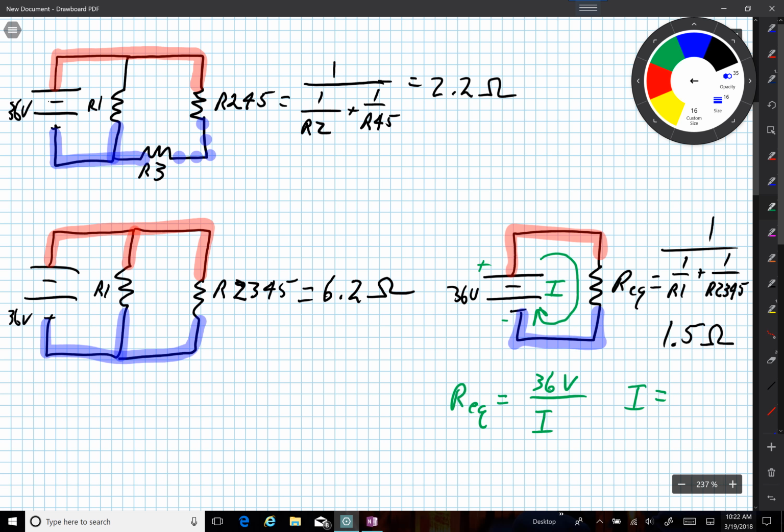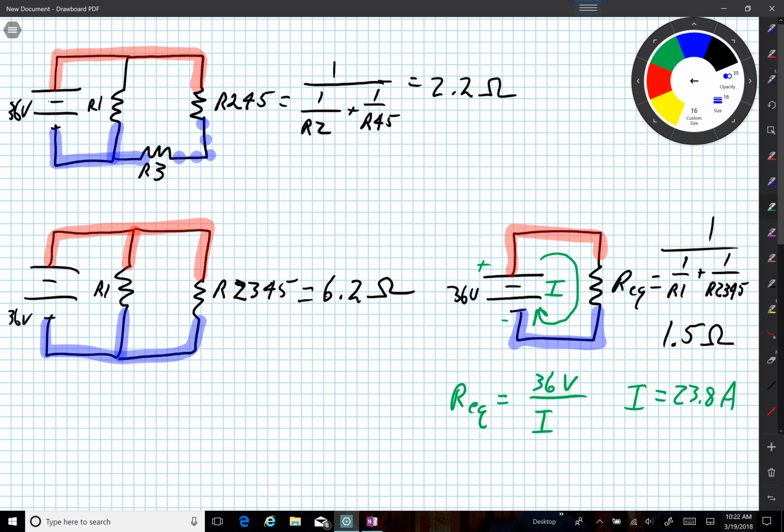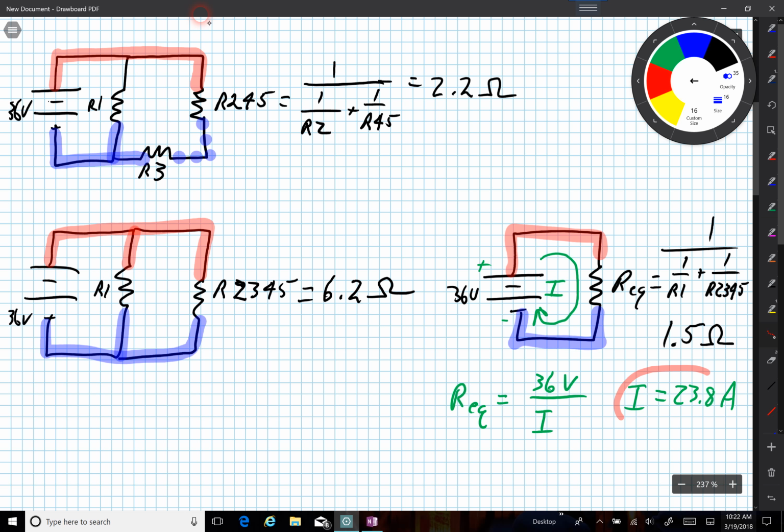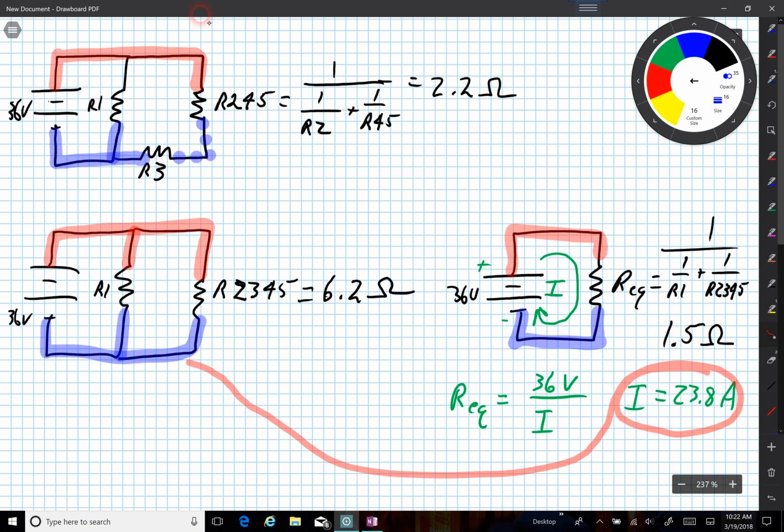And we solve this equation. We're going to get 36 divided by R equivalent. I get 23.8 amps. Okay, that's 23.8 amps. Now, the trick is this. You then have to take this information and bring it back over to the previous diagram.